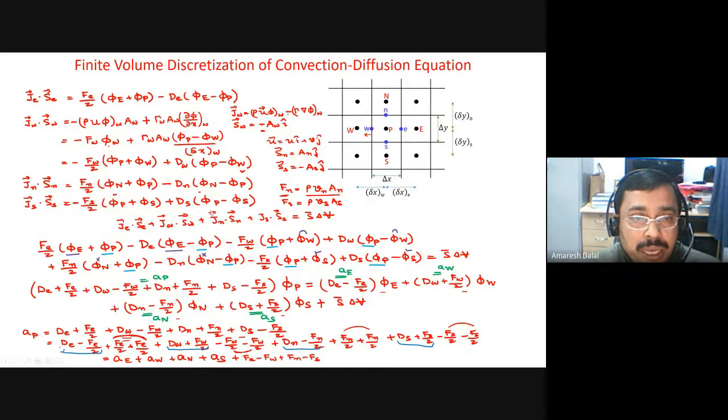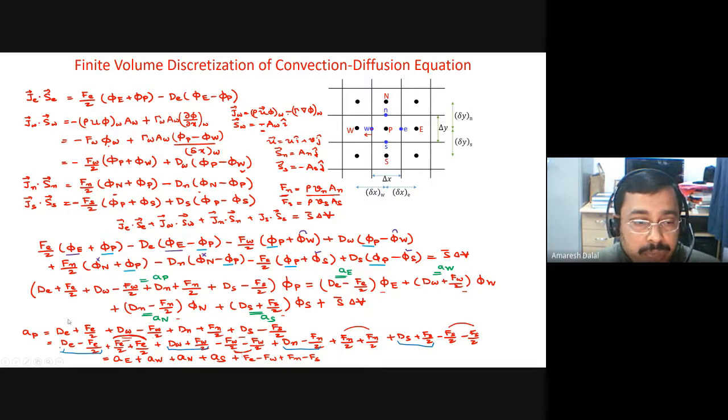All these you put here and simplify, and you will get the equation. These are the coefficients for phi_P, and all the coefficients of the neighbors phi_E, phi_W, phi_N, phi_S you take to the right hand side, and you can write this as aP.